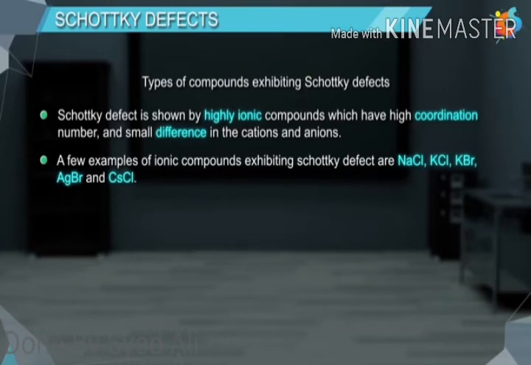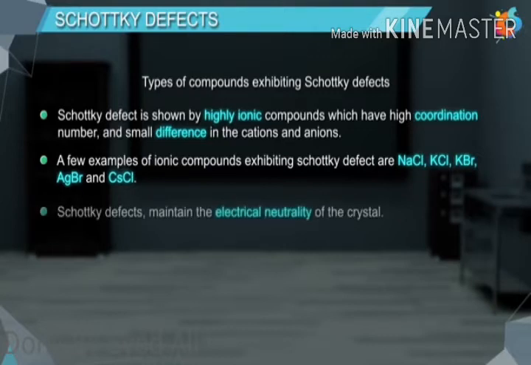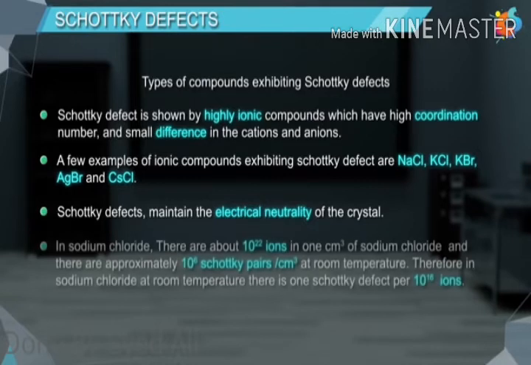A few examples of ionic compounds exhibiting Schottky defect are sodium chloride, potassium chloride, potassium bromide, silver bromide, and cesium chloride. Number 3. Schottky defects maintain the electrical neutrality of the crystal.